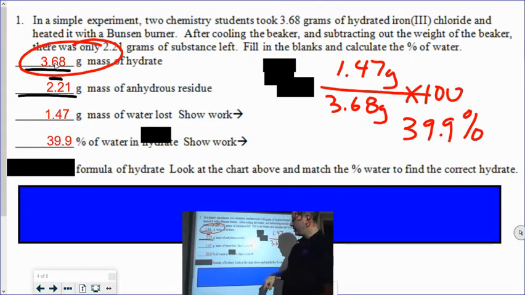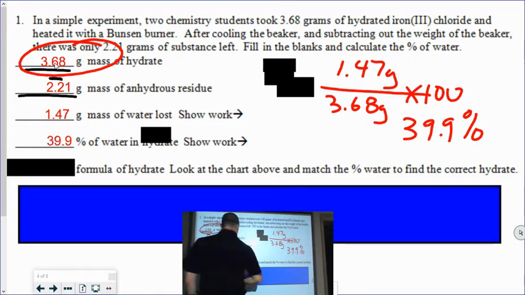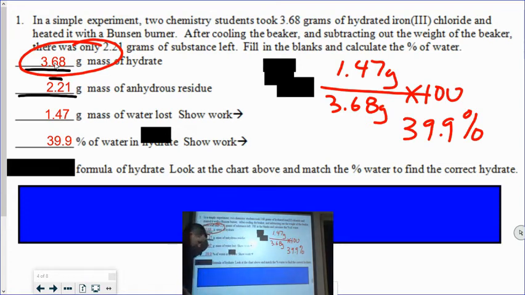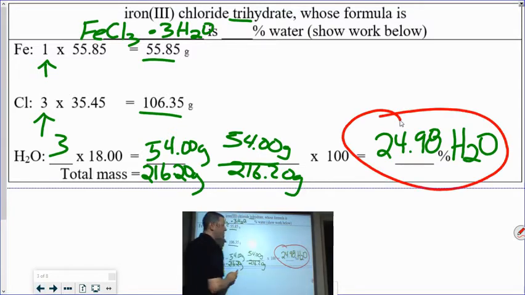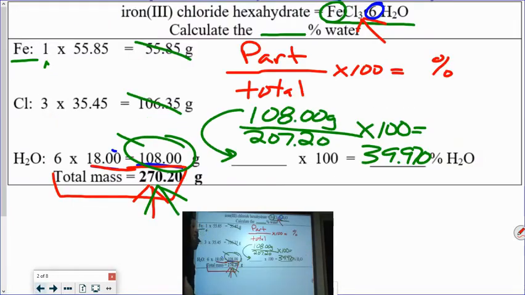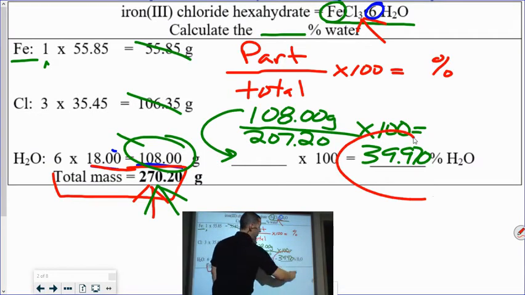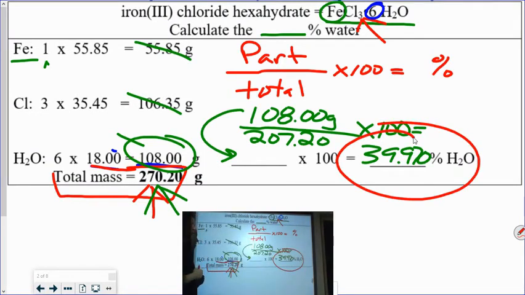So now it wants to know the formula of the hydrate. In other words, how many water molecules are attached to it? So if I go back, remember 39.9 is the number to remember. If I go back one slide, this one had 24.98% water. This one had 39.970% water.